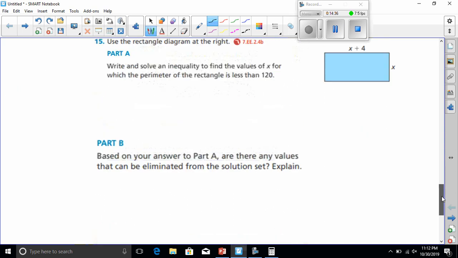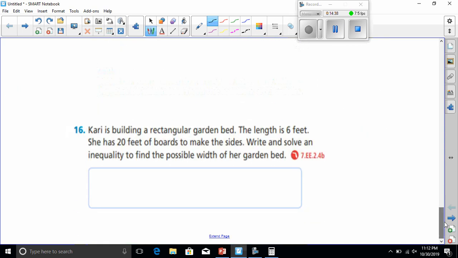Let's see, that was part of 15. I'll do 16. It says Kari is building a rectangular garden bed. Let's get our garden bed set up here. It says the length is 6 feet, so that's 6 feet here and 6 feet here. She has 20 feet of board to make the sides.